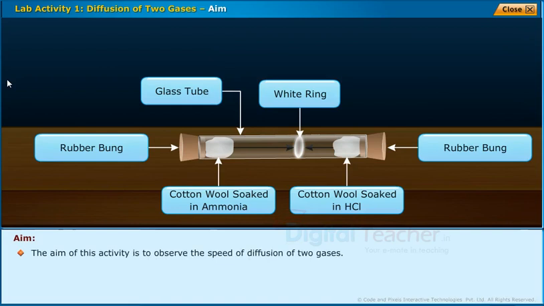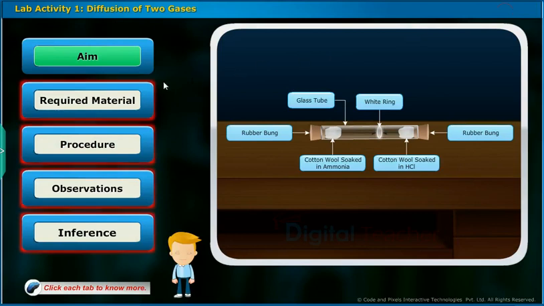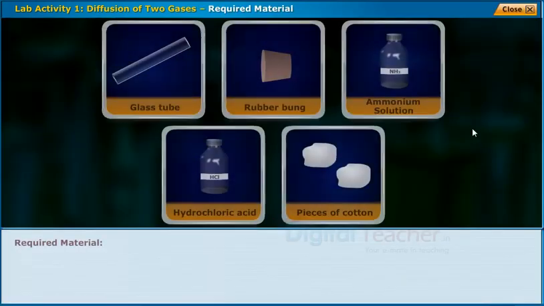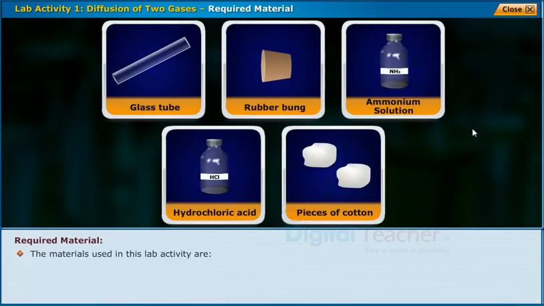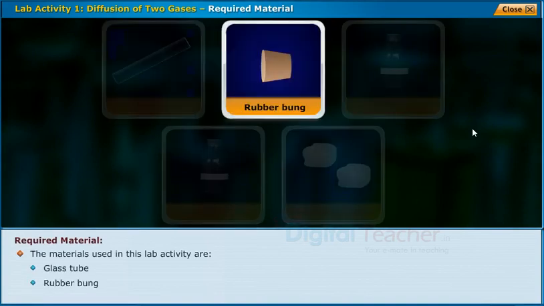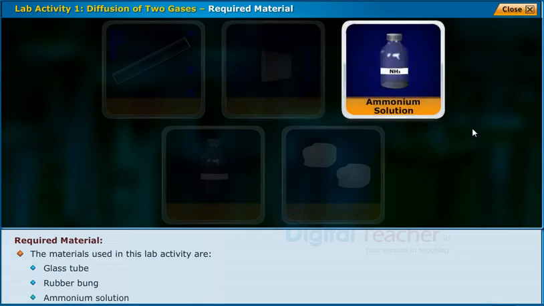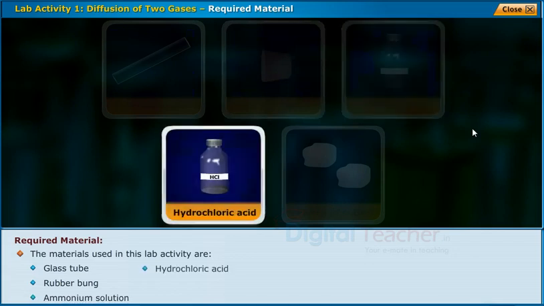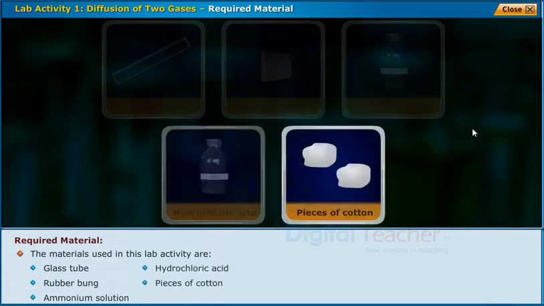The aim of this activity is to observe the speed of diffusion of two gases. The materials used in this lab activity are glass tube, rubber bung, ammonia solution, hydrochloric acid, pieces of cotton.